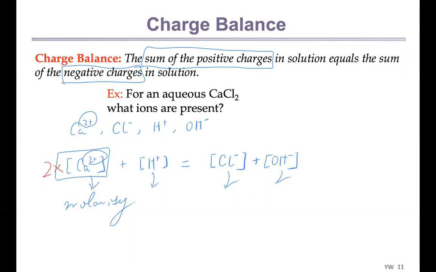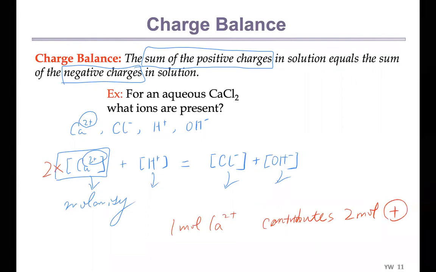And because one calcium carries 2 positive charges, if you want to calculate the amount of charge carried by the calcium, you need to multiply the amount of calcium ion by 2. Again, because 1 mole of calcium actually contributes 2 moles of positive charge, right?